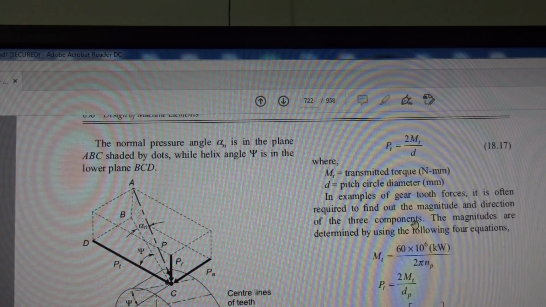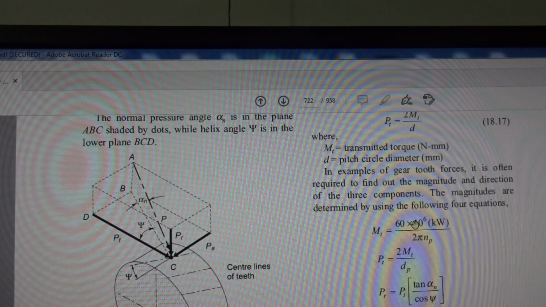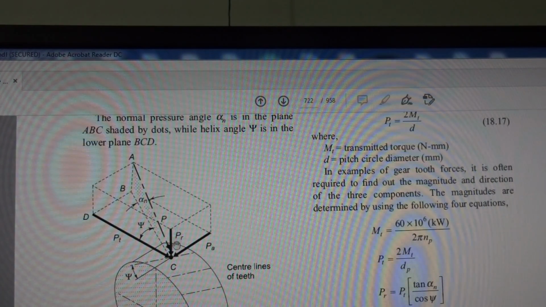This is shown in the figure. This is the force P which acts along the pressure angle. The pressure angle makes angle alpha n with this line. This is the helix angle psi, and this one is PR, this one is PT, and this one is PA.